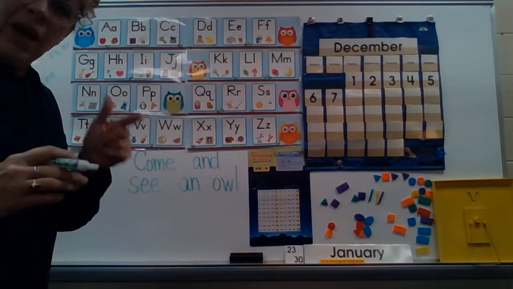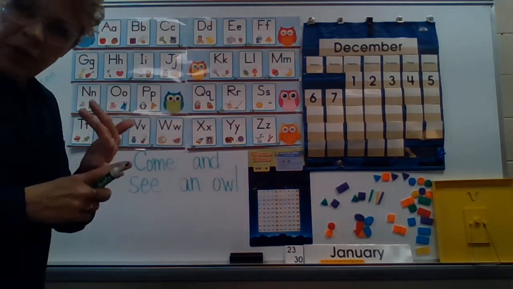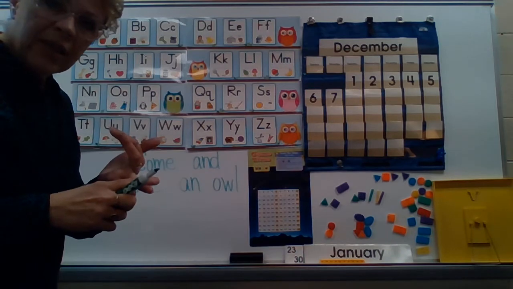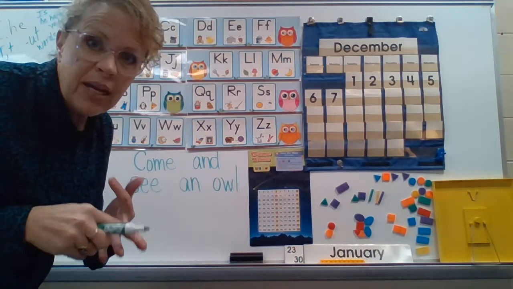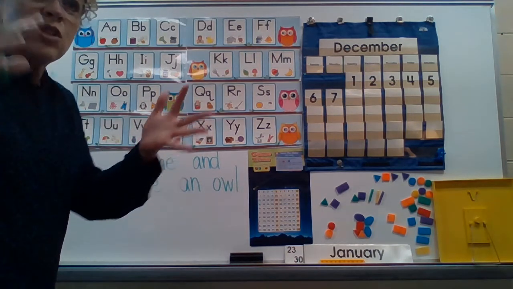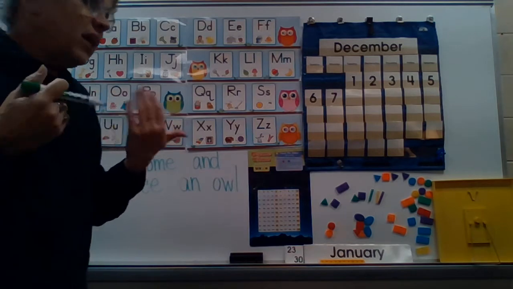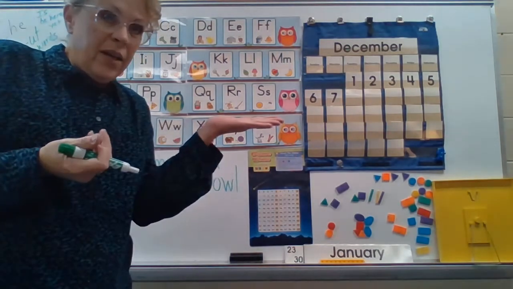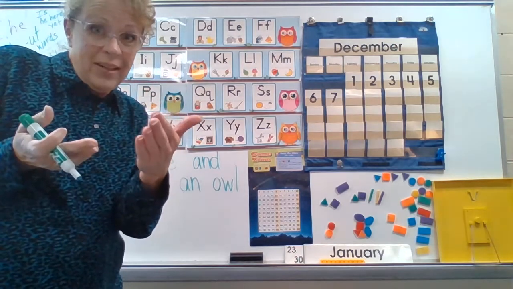Now, I'm going to teach you a new mark today. We know what a period is, we know what a question mark is, but there's also something called an exclamation mark. And that means you're excited about something, all right? So if there was someone that had a pet owl that you could come and see, you'd probably be pretty excited about it, right?